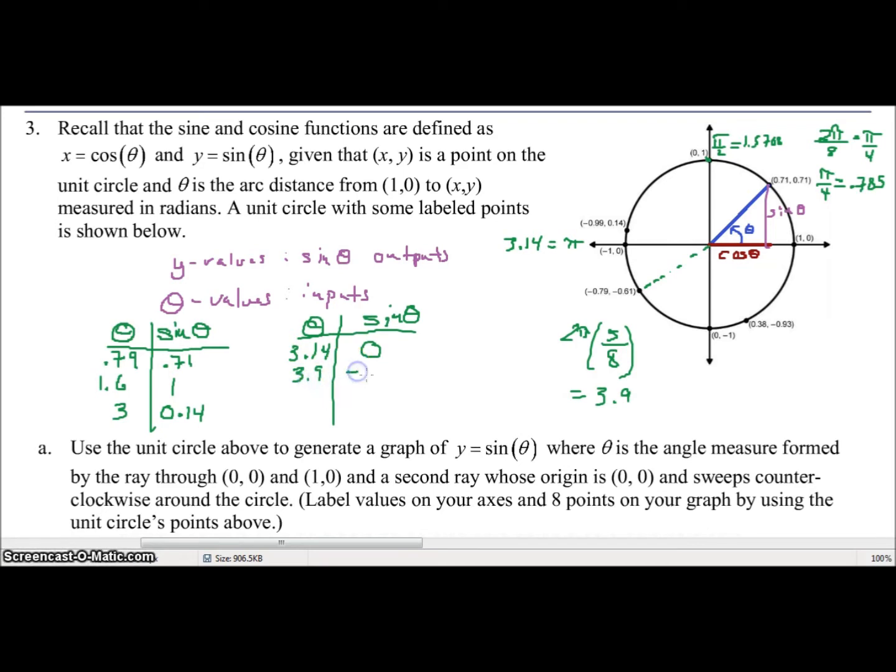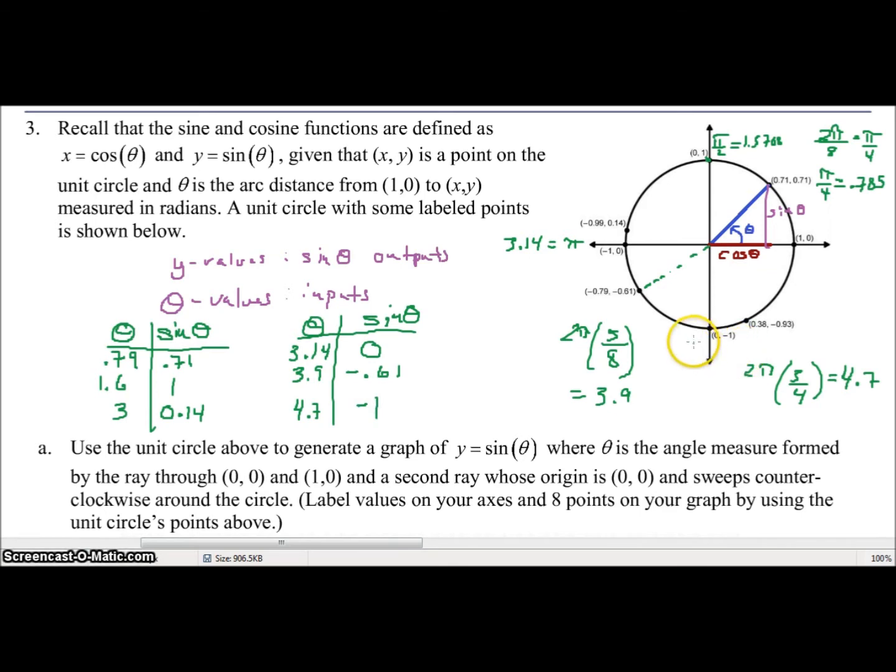Then the sine would be -0.61. This is 3/4, so 2 pi times 3/4 gives us 4.7. So when the angle is 4.7, the output is -1.